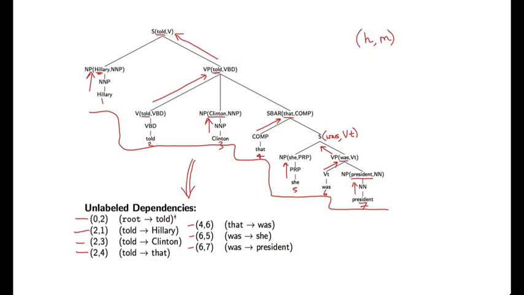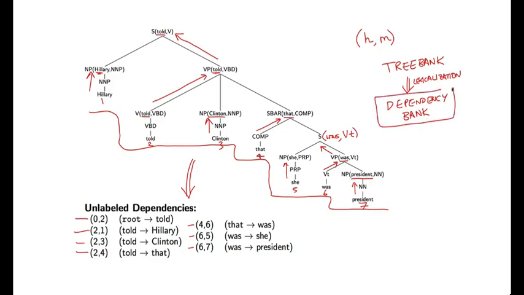So, to summarize, the main point of this slide was that if we have a tree bank, that is a set of sentences with annotated context-free trees, we can convert this to a so-called dependency bank. And this step is through lexicalization, exactly the step of lexicalization we saw within the context of lexicalized PCFGs. And once we've done this, we have training and test data for the dependency parsing problem.